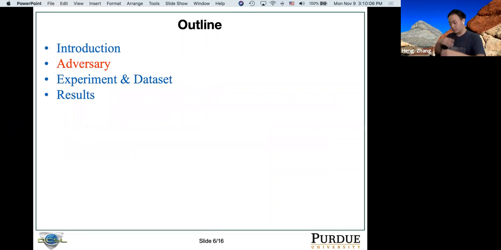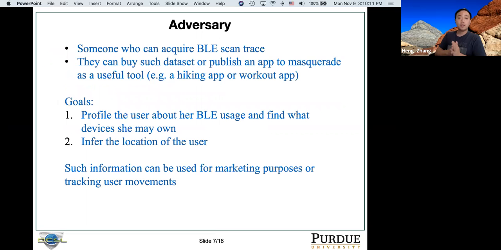So given those findings and introduction, I'm going to talk about what the adversary can do. By hypothesis, we assume that the adversary is someone who can acquire the BLE scan traces. How to get that depends. They can buy such a data set, or they can publish an app and the users download it, masquerading as a useful tool, for example a hiking tool or a workout app, but actually performing BLE collection in the background.